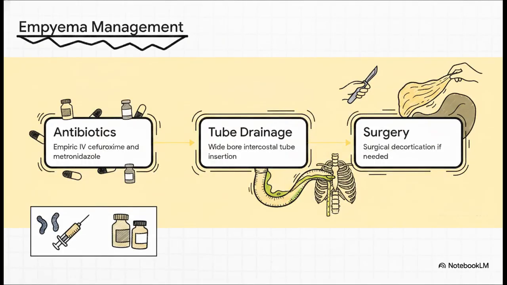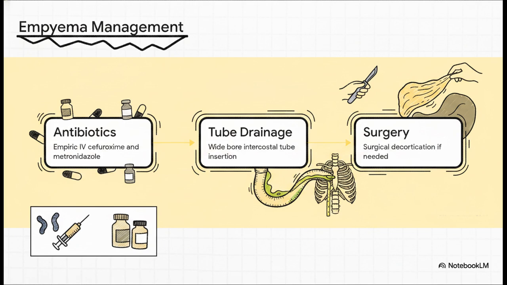Because a non-tuberculous empyema is such a severe infection, the management action plan has to be escalated and multi-tiered. Step 1. Start empiric antibiotic therapy immediately. We're typically talking IV cefuroxime and metronidazole for 2 to 4 weeks. Step 2. Insert a wide-bore intercostal tube.